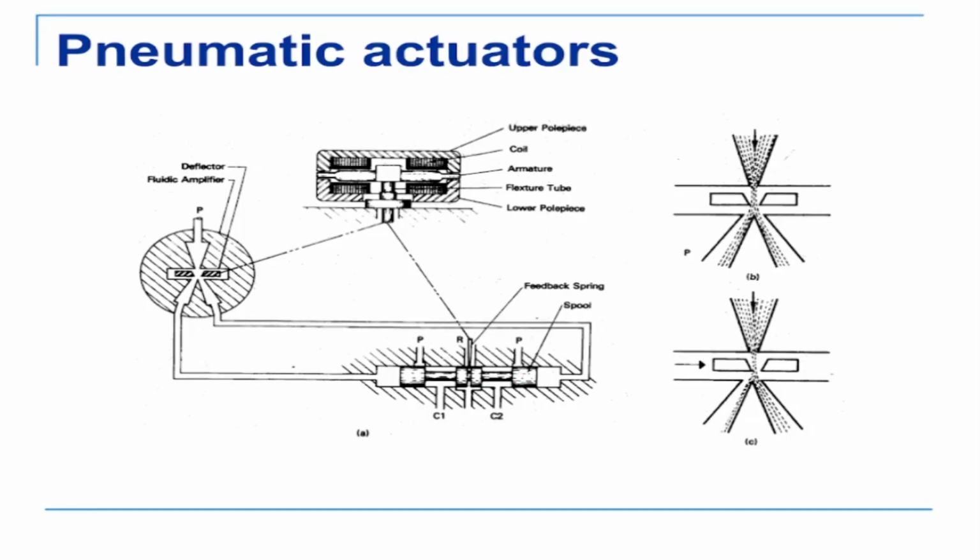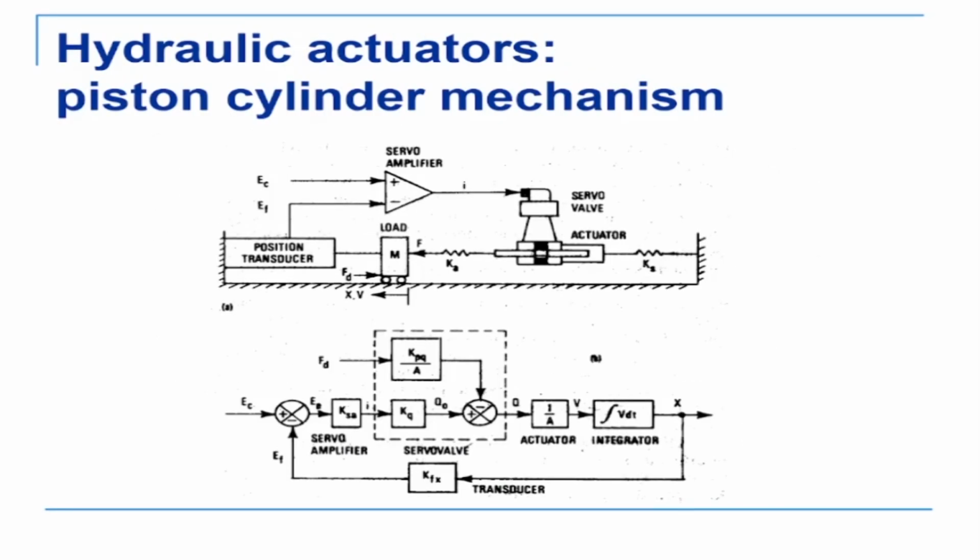For example, you can position the piston depending on the input pressure and the output pressure. A hydraulic actuator also has almost the same kind of piston cylinder mechanism. There is an input on one side and an output on the other side. Depending on which side is getting activated, the piston will move to the corresponding side. So this is a piston cylinder.